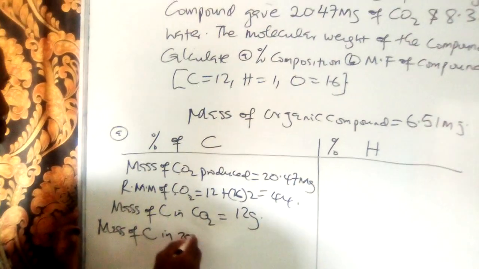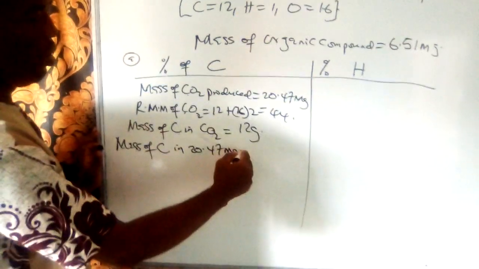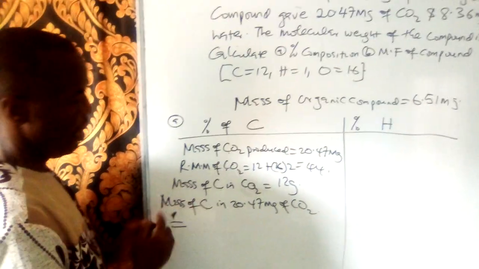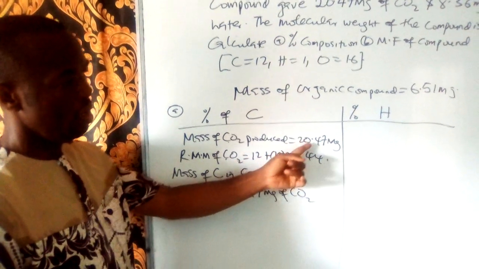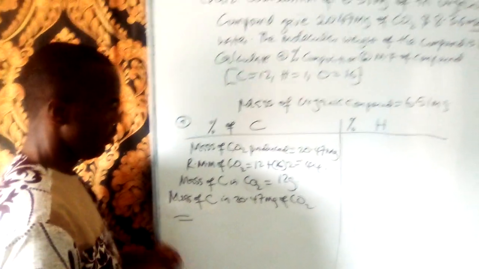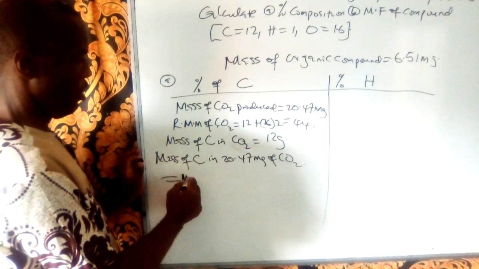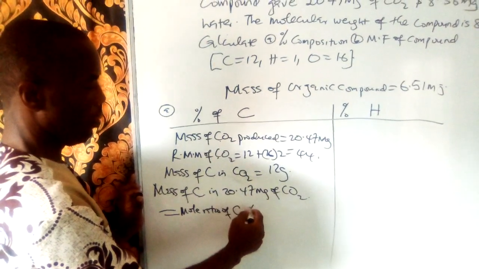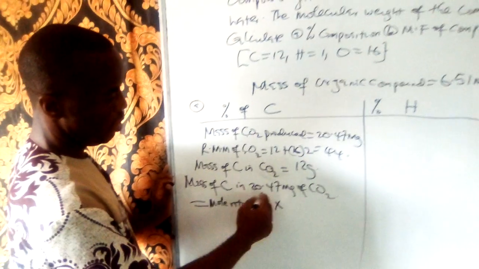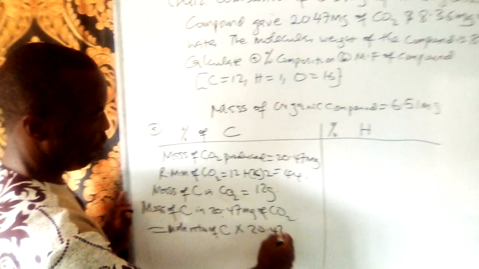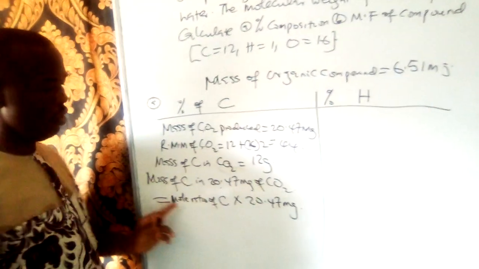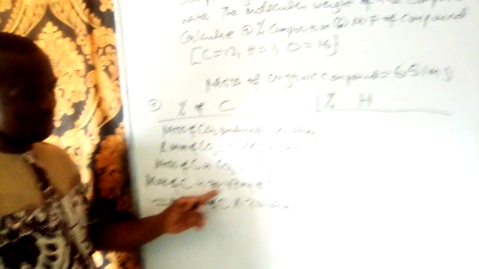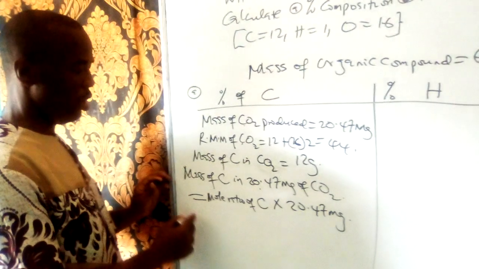We will now find the mass of carbon in 20.47 milligram of CO2. The mass of carbon present in the mass of CO2 produced, you use a mole ratio of carbon multiplied by the mass of carbon dioxide produced. That will give us the mass of carbon inside this quantity. So what is the mole ratio of carbon?